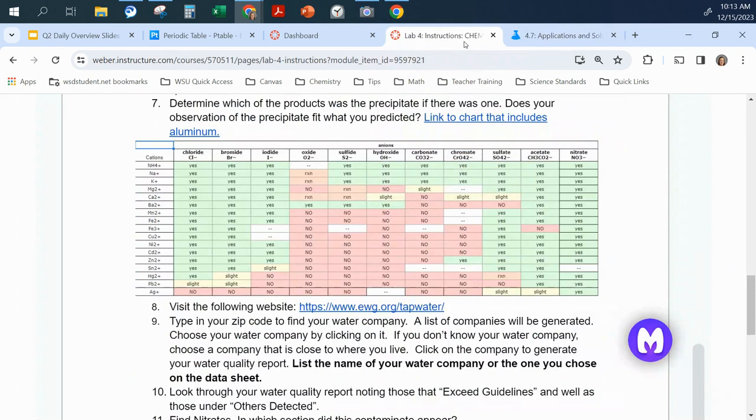All right, so let's also talk about the post-lab questions. Let's talk about a few of those. So the first one I want to talk about is number 4. It says, in the reaction of magnesium and oxygen gas, a considerable amount of energy was released.